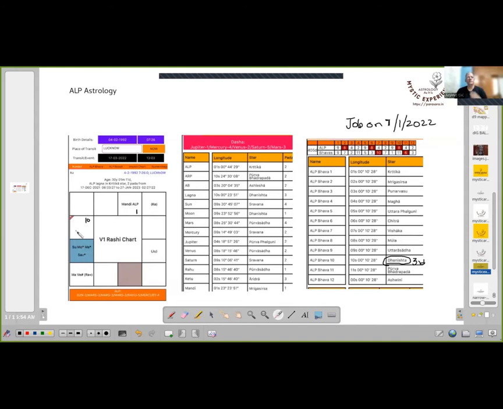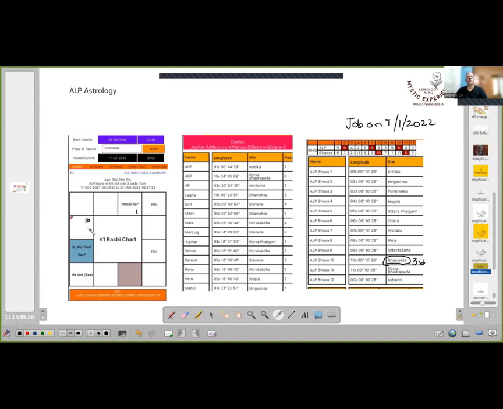In this case, the first negative effect is Saturn sitting here. But the second thing, Mars in Dhanishta third pada, is sitting in the 11th, which is a positive sign. And since the job is abroad, the 12th is also a good sign, because the 12th represents going abroad and working there.